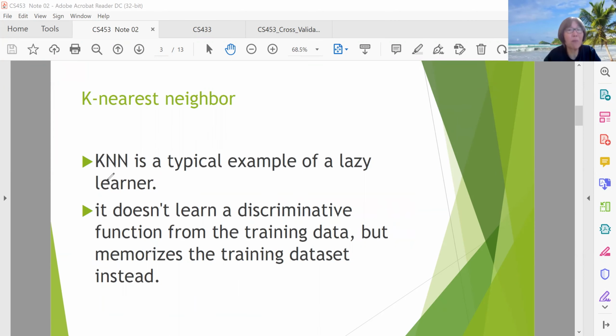So just keep this in mind. This is regarding unsupervised learning. Okay. So the first one we will learn is KNN, K nearest neighbors. And yes, KNN is a typical example of a lazy learner. It doesn't learn a discriminative function.